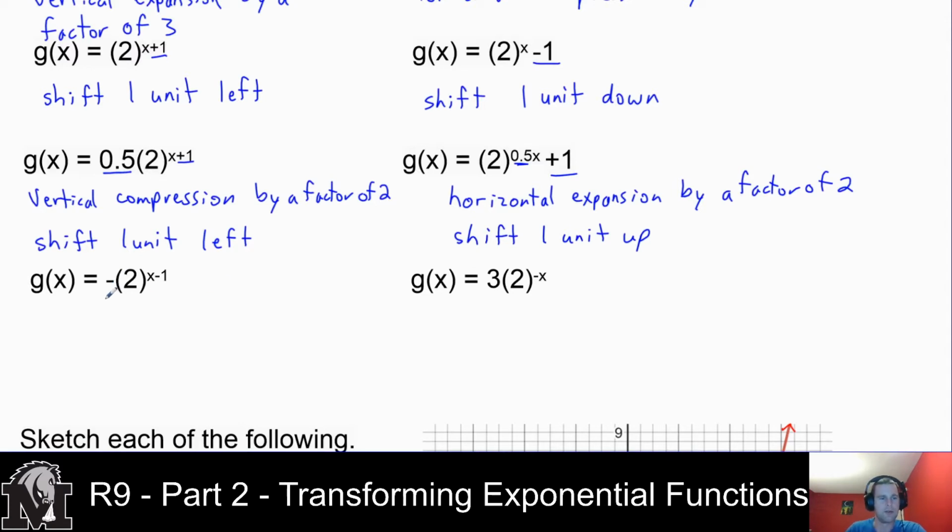For our last two, we have this negative that's out in front of everything, and then we're subtracting 1 in the exponent. Negatives are reflections. The negative out in front is a reflection over the x-axis. And the minus 1 is a shift 1 unit to the right.